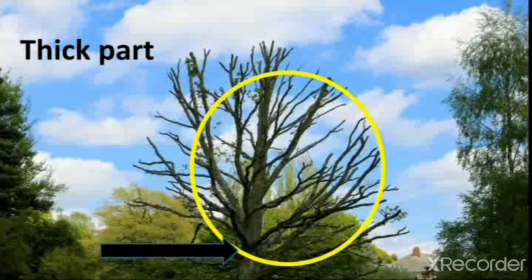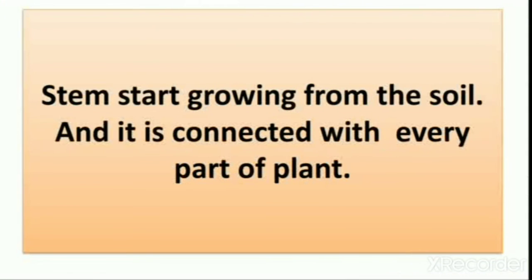You can see here the branches of the stem are spread all over the plant. So stem is a thick part of the plant. Stem starts growing from the soil and it is connected with every part of the plant.